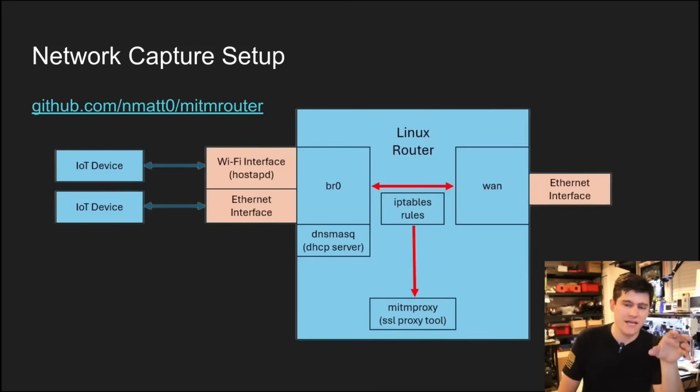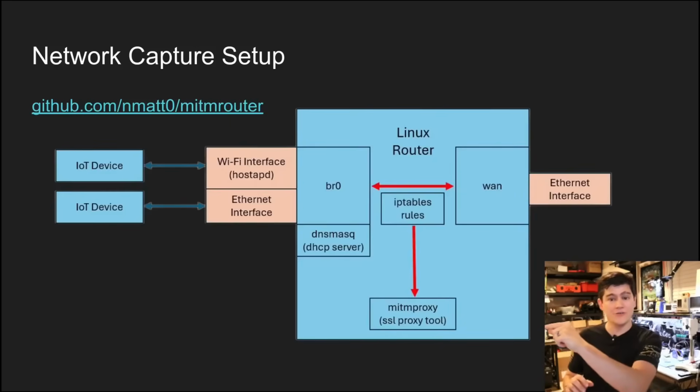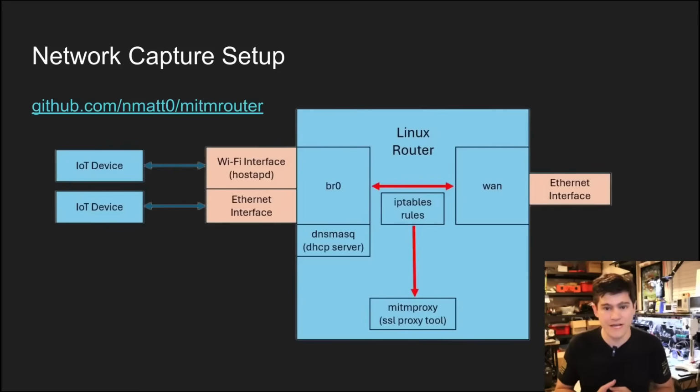We can say, hey, if we have outbound traffic for port 443, which is commonly HTTPS, TLS communications, let's send that to a tool called mitmproxy, for instance, or there's other SSL proxying tools that we can use to attempt to perform a man-in-the-middle attack on SSL traffic.